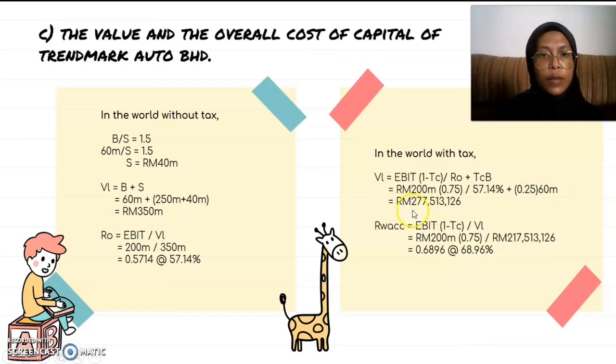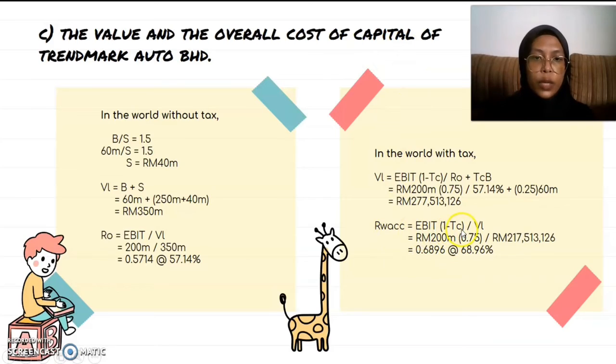So we get that the value of the firm is 2,277 million.